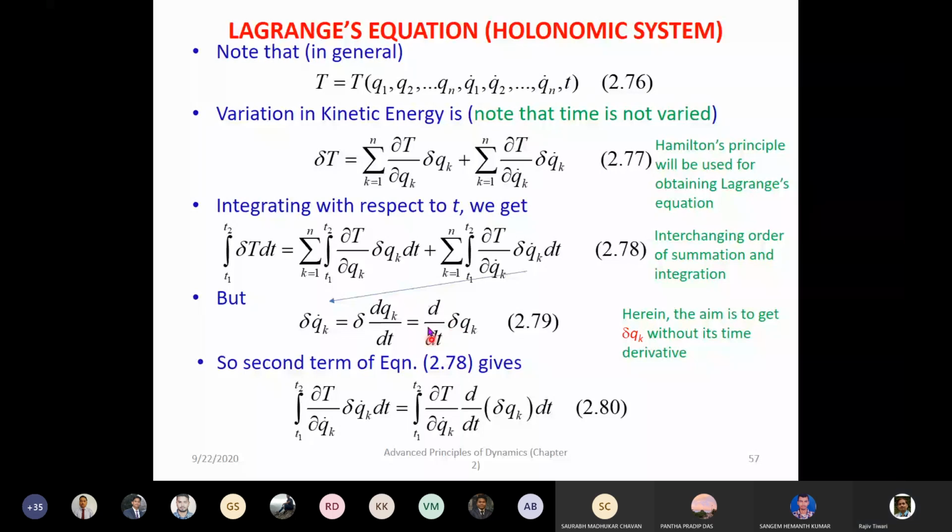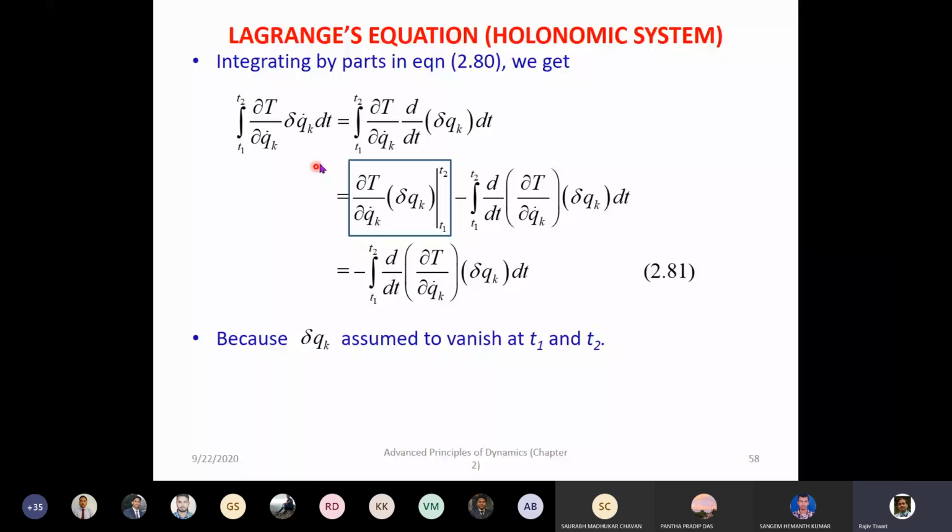So this term can be written like this. So this expression from the above manipulation will give it like this. Now in the next slide, I'll take the integration by part of this particular term. Only this term I'm taking. This will add up once we get the expression for this.